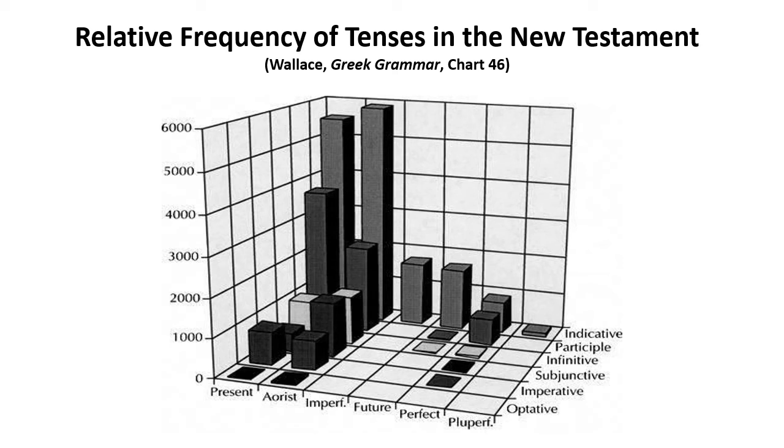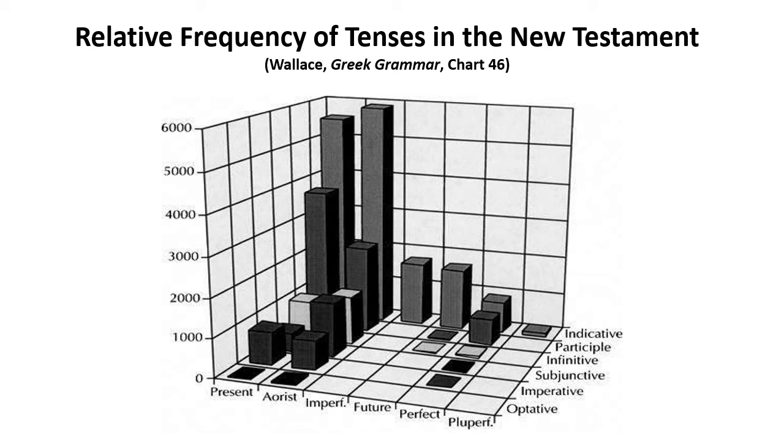And it's true, as you look at all of Greek literature around the first century when the New Testament was written, that perfect tense and pluperfect were rare in comparison to the other tense forms. But most Greek grammarians have come to the conclusion that the tense form of the perfect, when it occurs, is significant. In other words, because the writers had all these different choices of ways to express something.